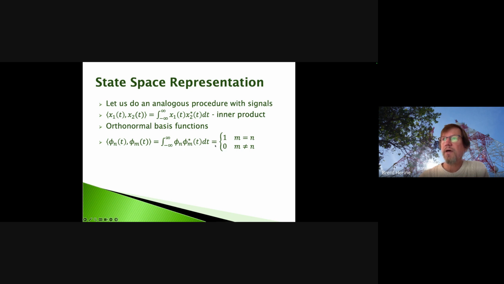For them to be orthogonal, when m is not equal to n, this inner product should produce 0. When m is equal to n, when it's phi n times phi n complex conjugate, then that should give us a 1 because it's normal. The ortho part means that there's no overlap between each of these.